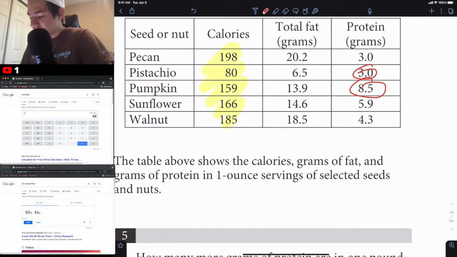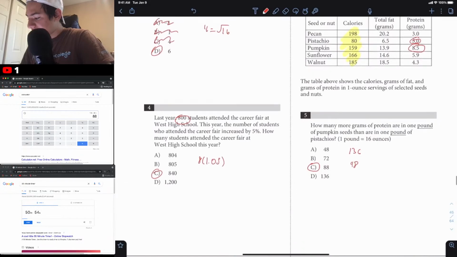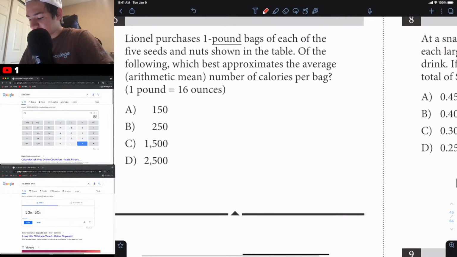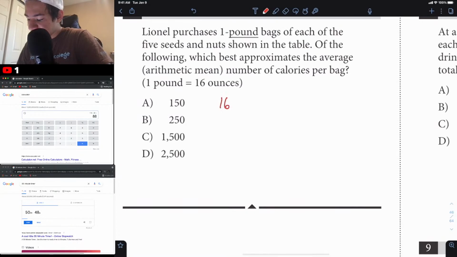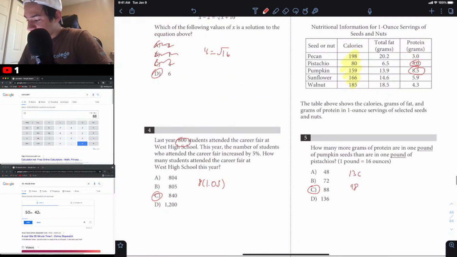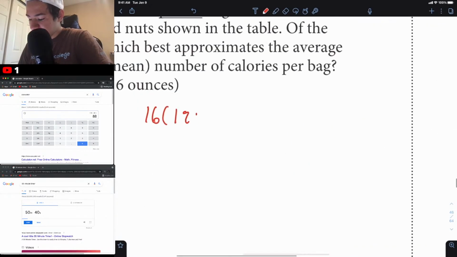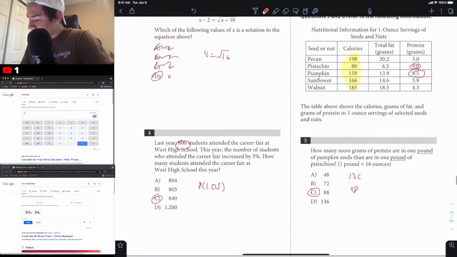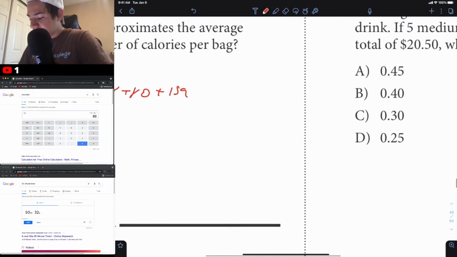We know we're going to have 16 times 198 plus 80. Okay, I see what we're going to do. We're going to do 16 because we're doing pounds. And then the first number is going to be 198 and then 80. 198 plus 80 plus 159, I think I saw. Yep, and then 166, 185.